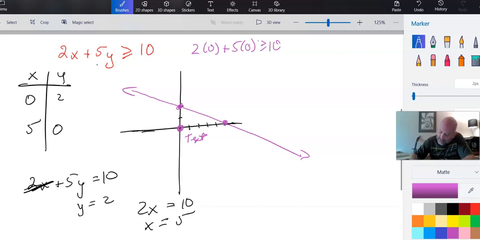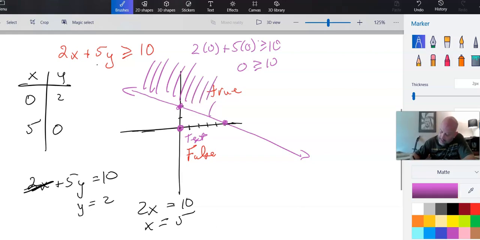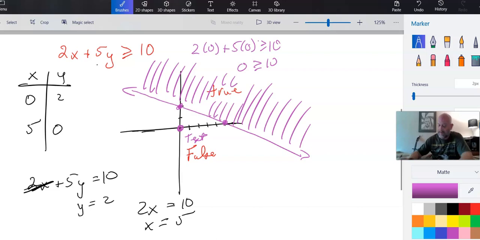Okay, so 0 is greater than or equal to 10. That's false. That means this is true, and that means that we color this side. So it's the top half of this.